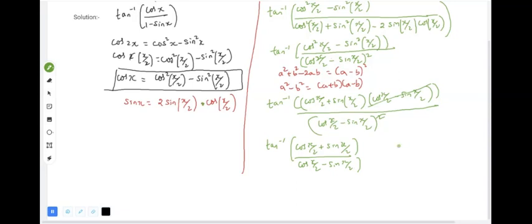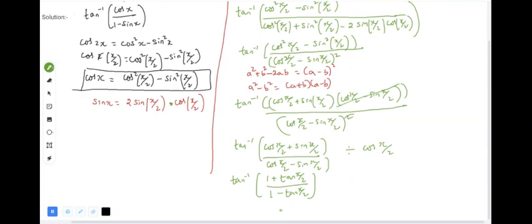So now what we will do is divide throughout by cos x by 2. If you divide by cos x by 2, what do we get? Tan inverse of, cos x by 2 and cos x by 2 cancel, we will get 1 plus sin by cos, which is tan x by 2, divided by 1 minus tan x by 2.